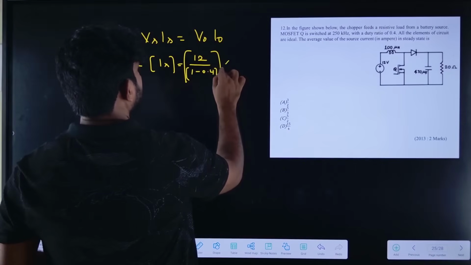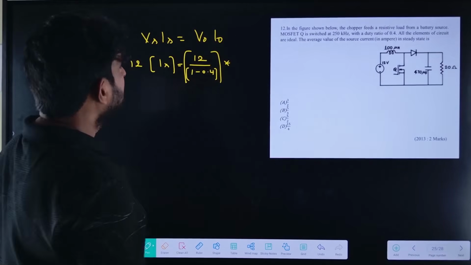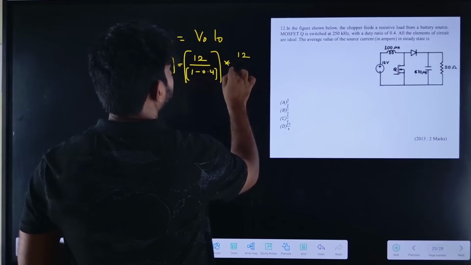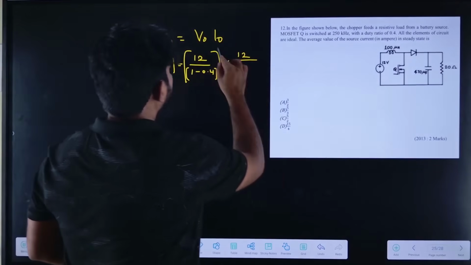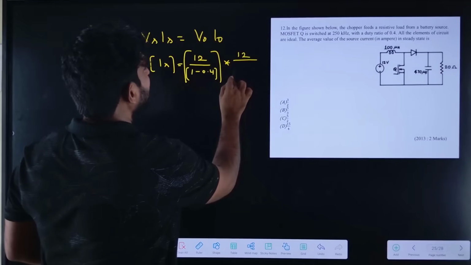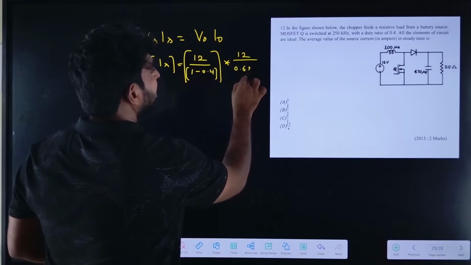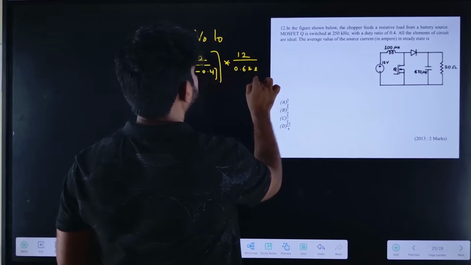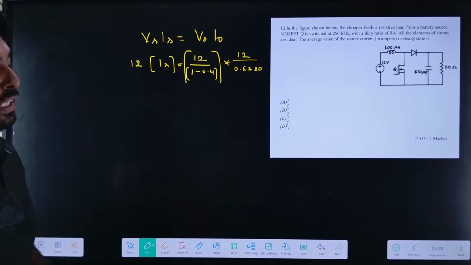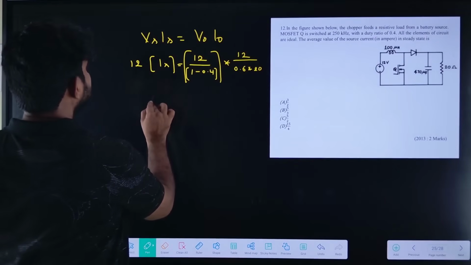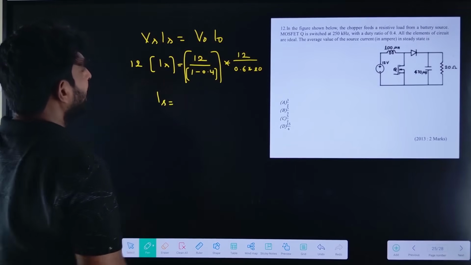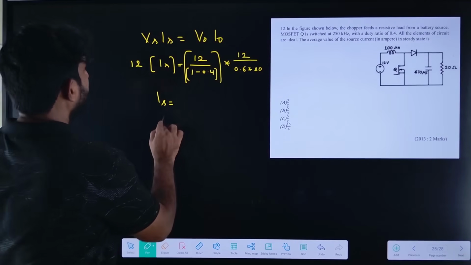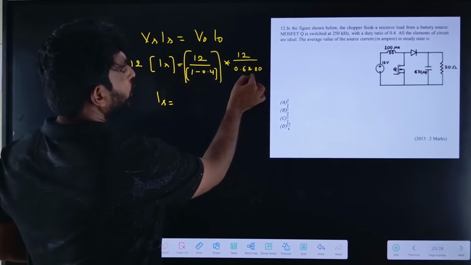Into I naught, which equals 12 divided by 0.6 into R value, V naught by R. The R value is 20. Now from this, Is equals 12 divided by 20 into 0.6.